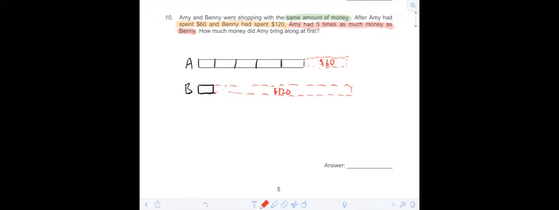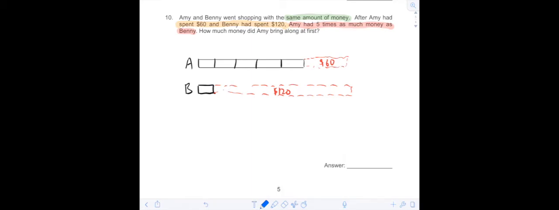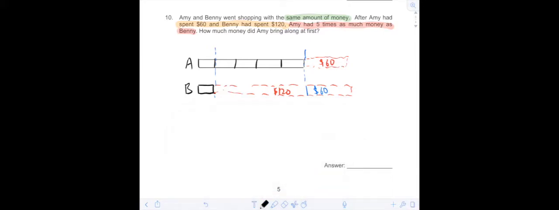Alright, so from here you can see that if you want to find what is this portion over here, how to find these 4 units? These 4 units, you can just take the 120 minus the $60. You get 4 units. Okay, hope you all can see by now.